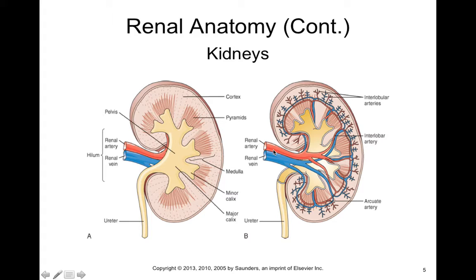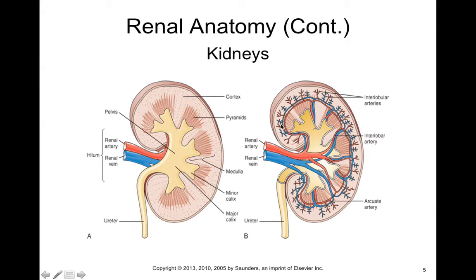If they're filtering out 7 liters of fluid every hour, this means they're receiving a pretty significant proportion of cardiac output. The kidneys receive blood flow from a renal artery, which comes off the abdominal aorta. This renal artery will then branch into the segmental arteries, and then those go into the interlobular arteries, which then wrap around to form an arcuate artery.